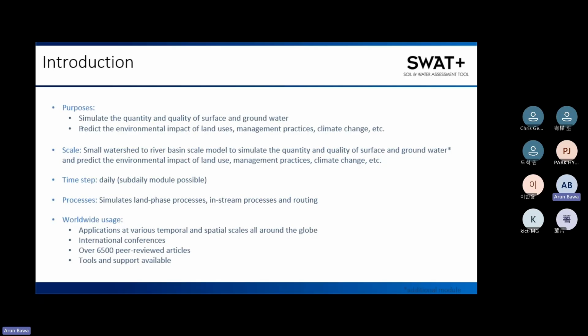But when I started using it, I realized it's not just a hydrological model. It is too big, too vast. There are so many processes. So during my PhD, I started taking it as an agro-ecosystem model.